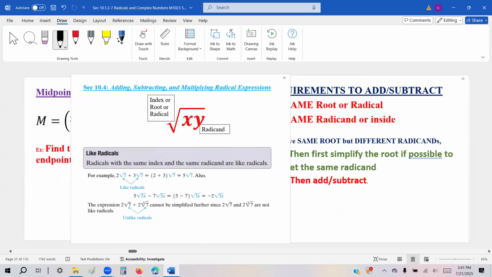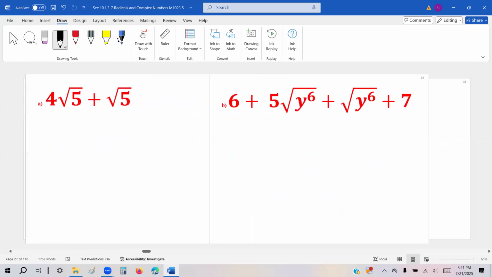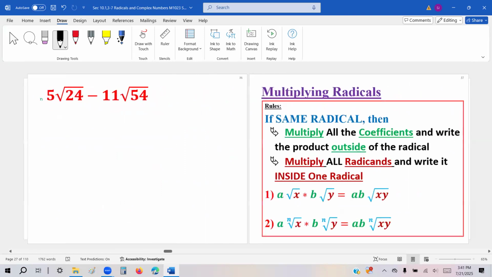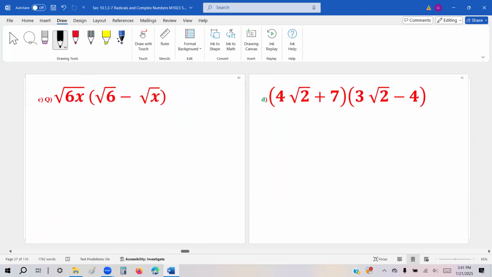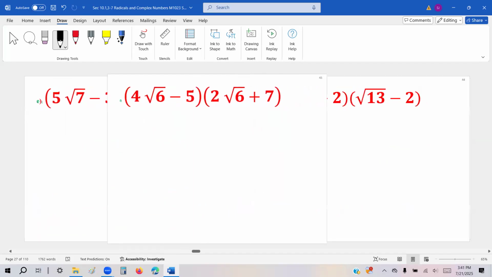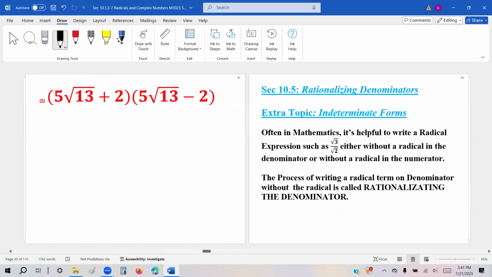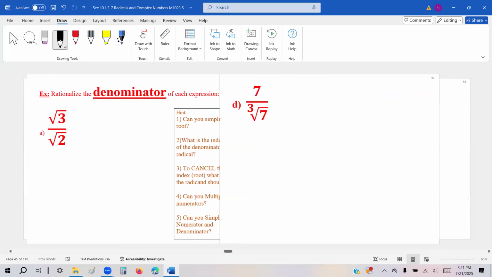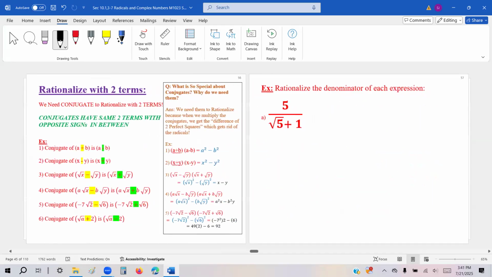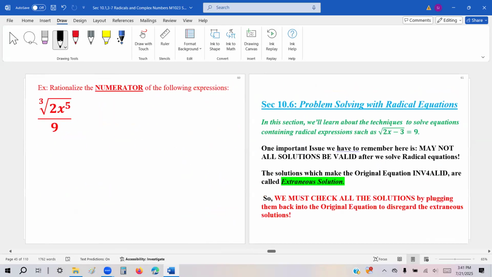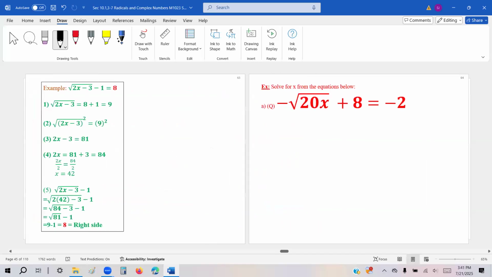And then we are going to do 10.4, addition and subtraction, multiplication. 10.5 I'm going to leave for now and then go to 10.6. 10.6 is solving. So definitely we're going to do addition, subtraction, multiplication tomorrow and 10.6, which is radical equations. So 10.5 we're going to do after the exam.